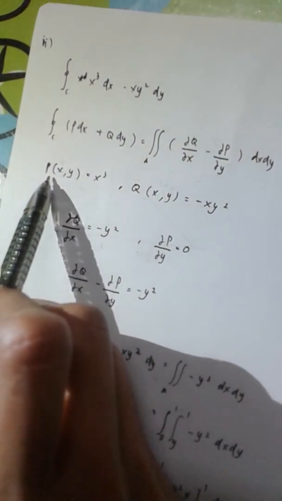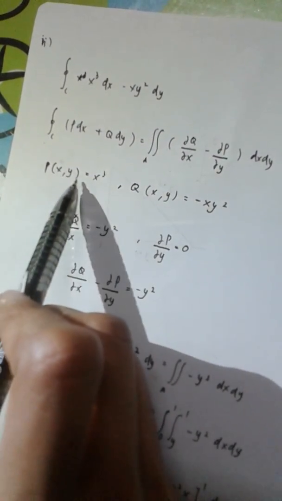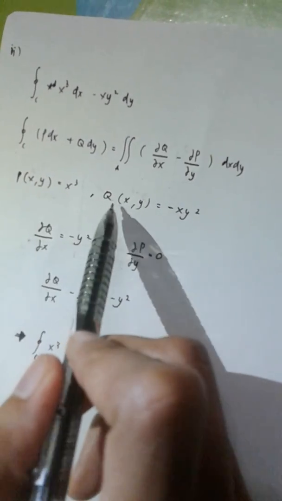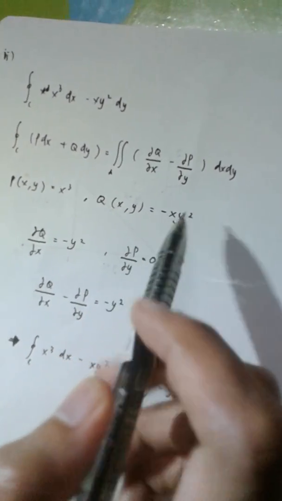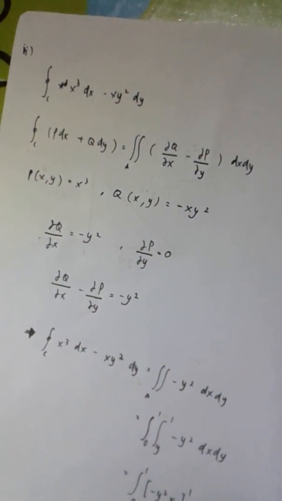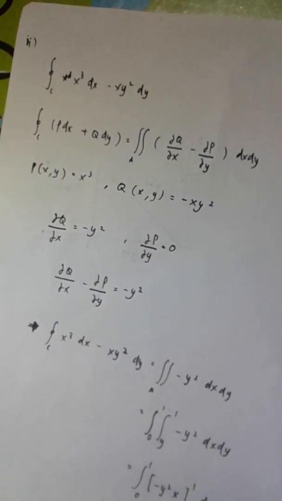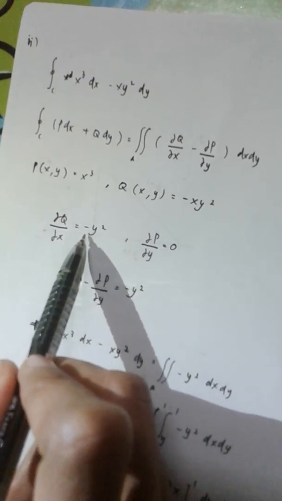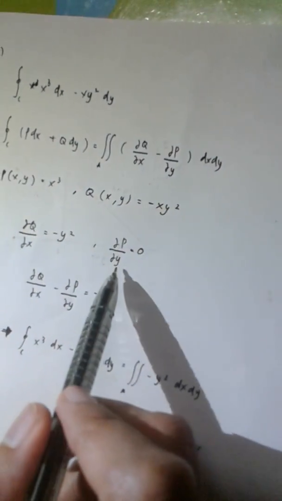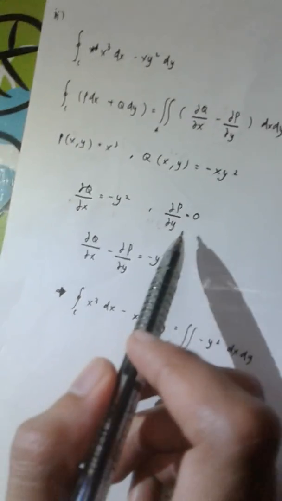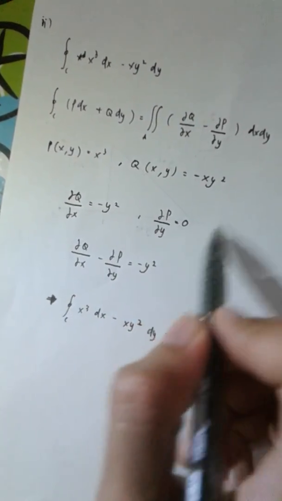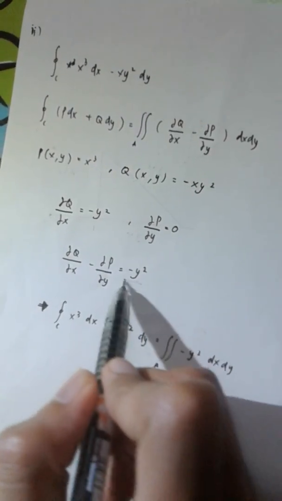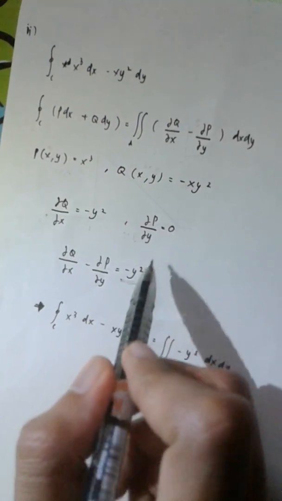We got P equal to x cubed, and Q equal to negative xy squared. So we have got delta Q over delta x equal to negative y squared and delta P over delta y equal to 0. And then we put it in the equation and we got this function, negative y squared.